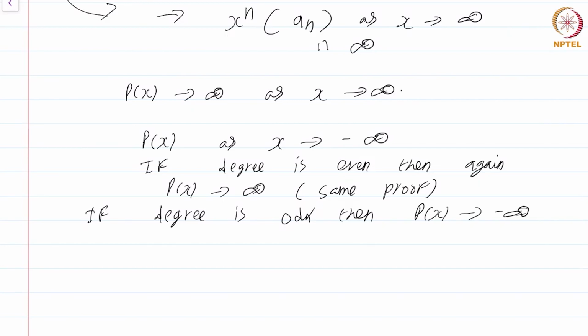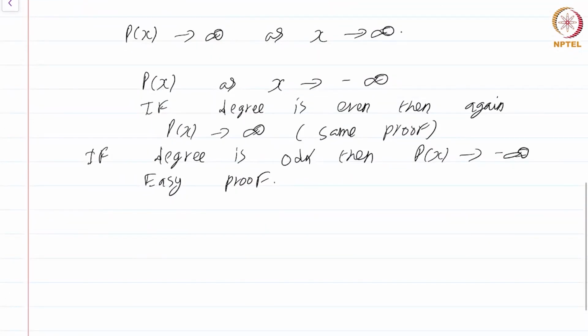This is again an easy proof. What happens is when the degree is odd, the odd powers of negative numbers will still be negative, and you will get that p of x converges to minus infinity. So we have seen now that polynomials behave in an unbounded way as you approach infinity.